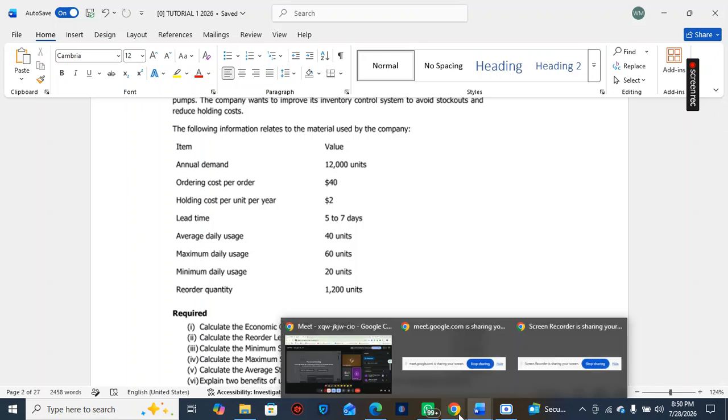So colleagues, what do we remember as the definition of the economic order quantity before I start solving? What is the economic order quantity?